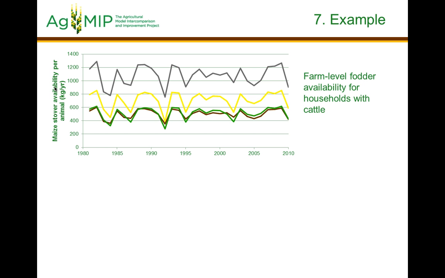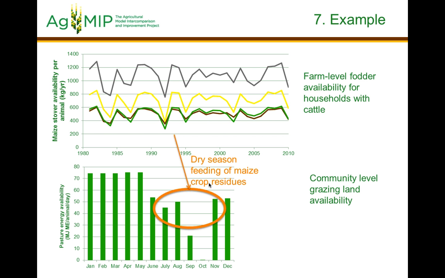Now these are not yields, but the total production of crop residues. And then expressed per animal, so divided by the number of animals in each household. Here you see only 4 lines, because one line was really an outlier, so I left it out. And this is the information we used for the pasture biomass availability.